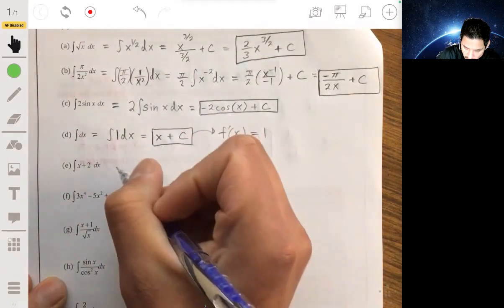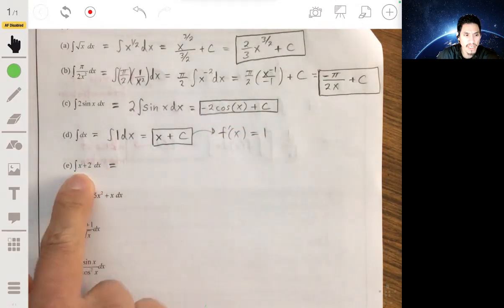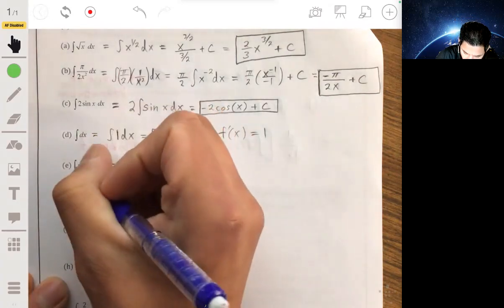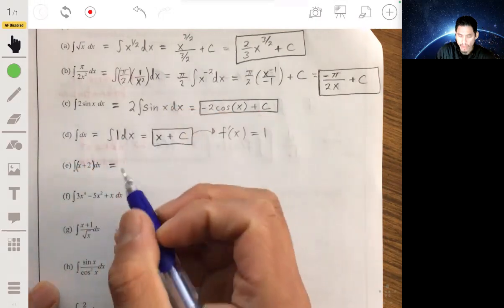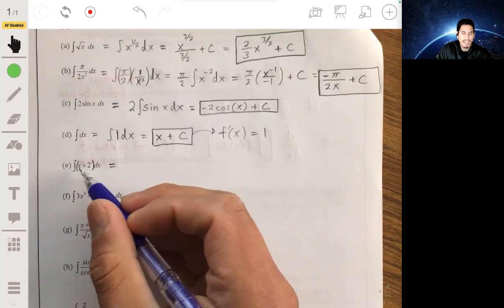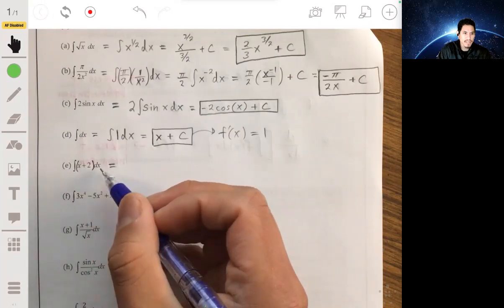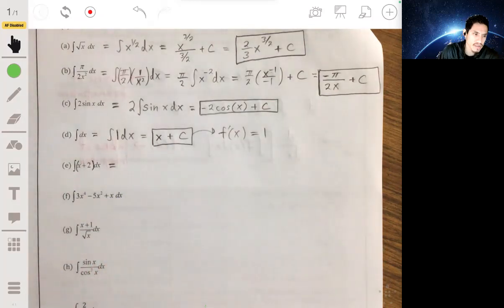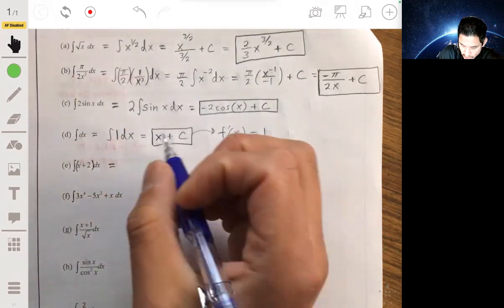All right, for e, all you have to do here is take the antiderivative of x and the antiderivative of 2. Now, it's common for textbooks not to write integrals as a group. So even though technically it is being multiplied by dx, you're not going to see parentheses around the integrand. But just understand that it's the same as a polynomial expression here.